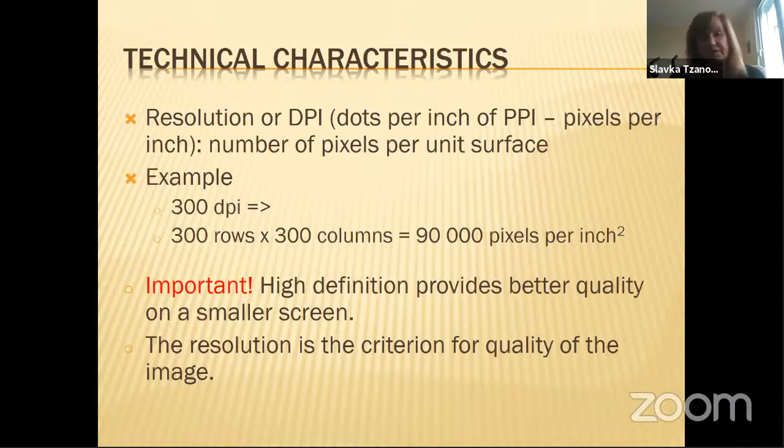Okay, the example is 300 dots per inch. That means that we have 300 rows, 300 columns, and 90,000 pixels per square inch. Why do we continue with inches? This is the influence of the States again.